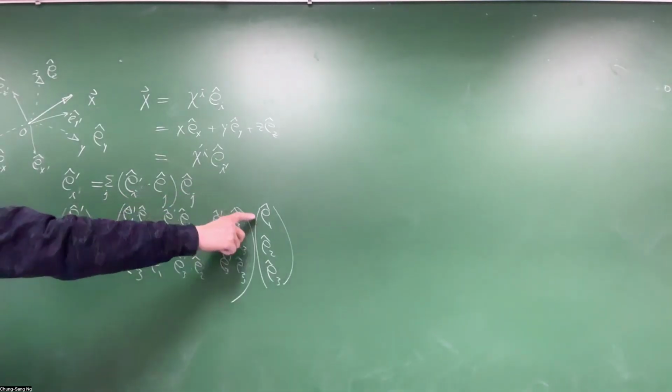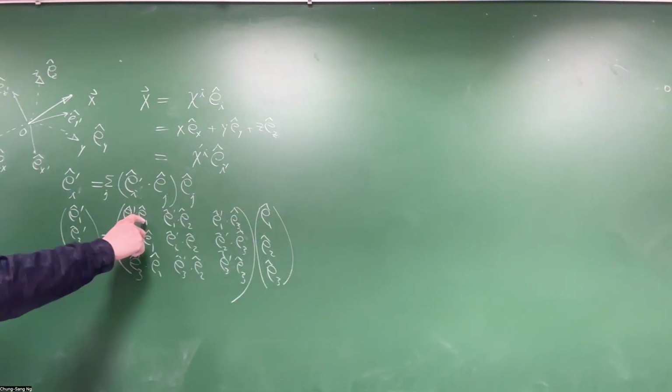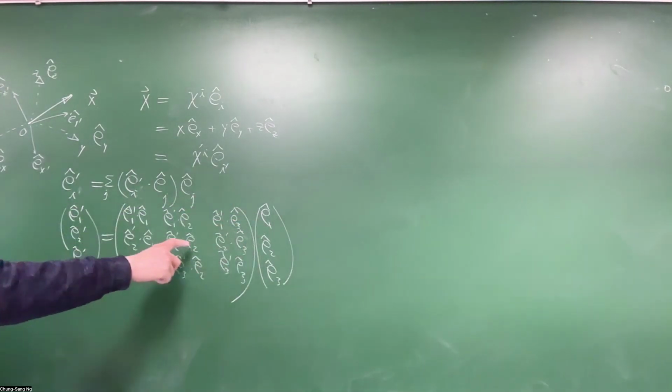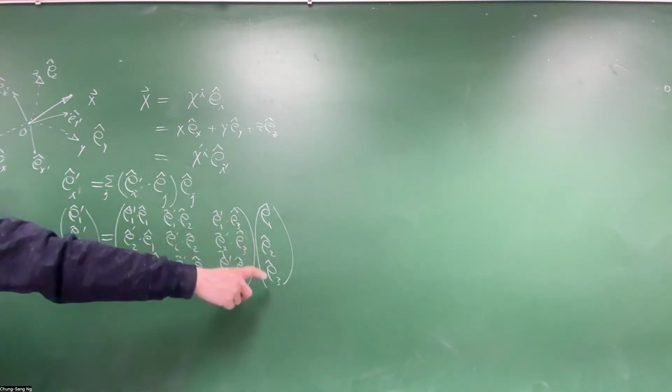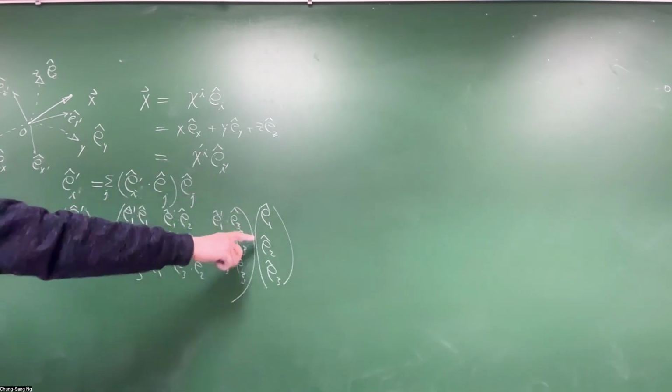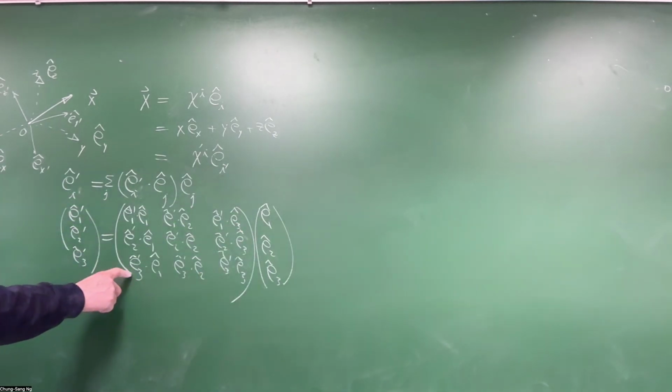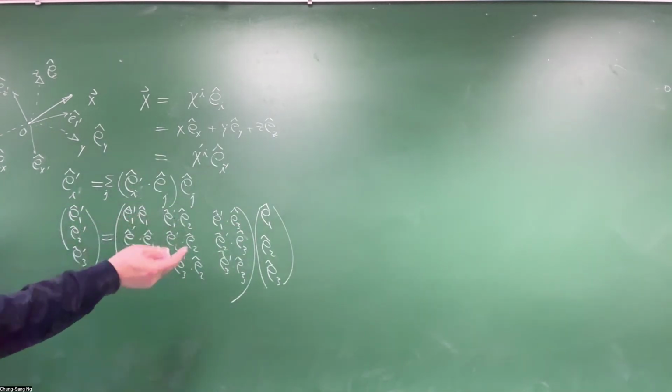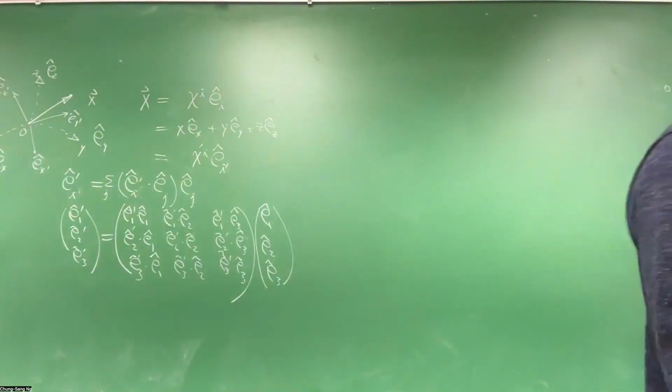Okay, so writing explicitly, this line is this line. It's a multiplication of this times that. Right? You can check that it's the same. So this times that is the sum over multiplying this and that, E1, E2, E3, so that gives E1 prime, right? Just explicitly writing it out. And that is just to illustrate that you have a matrix, and that is a matrix that we call the transformation matrix. Let me look at the notation of your text.